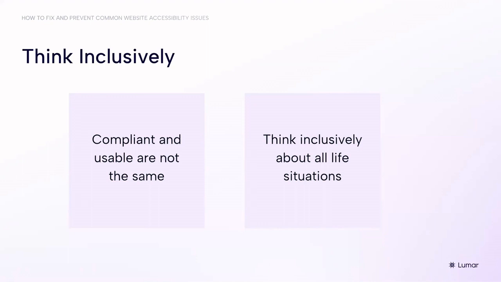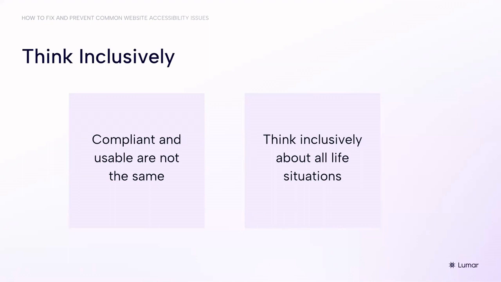So I don't want to go too deep on that, but it's really critical that we are thinking inclusively and that we're not just going to try and tick the box of compliance, because at the end of the day, the purpose, the reason, the why behind compliance is that those are just really a foundation and a rule set that is there to try to make a web property or a mobile application usable for individuals.